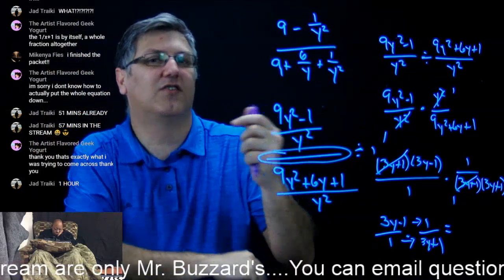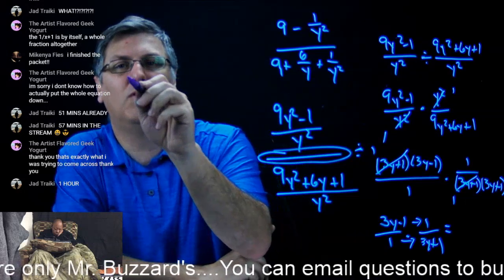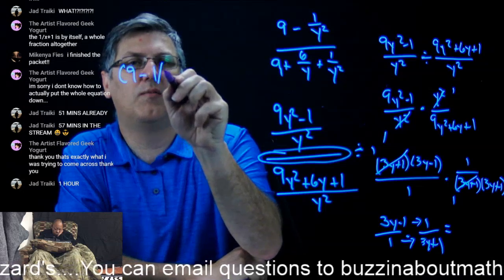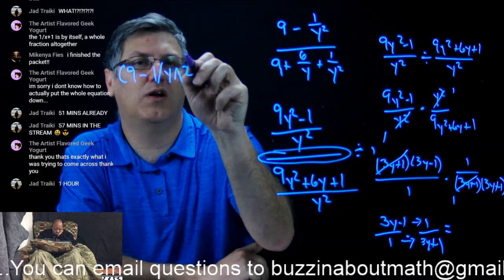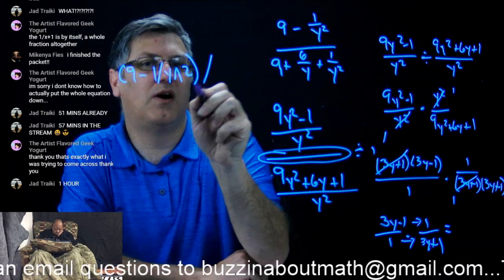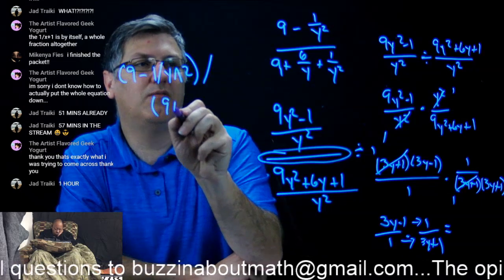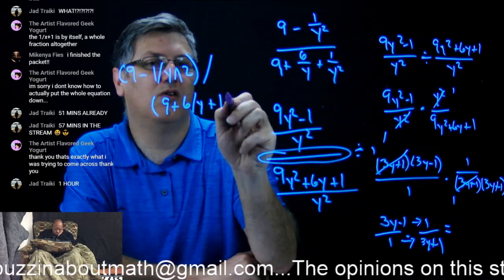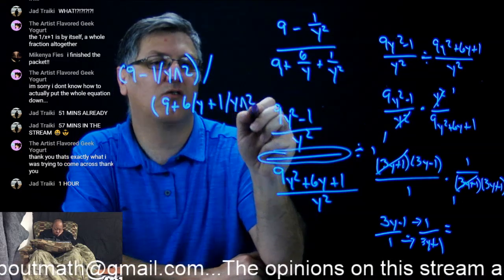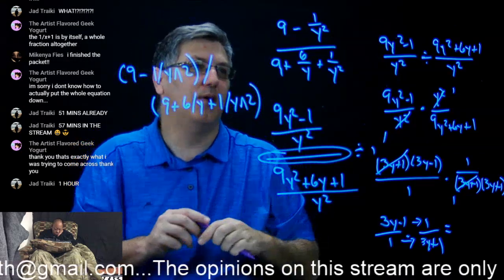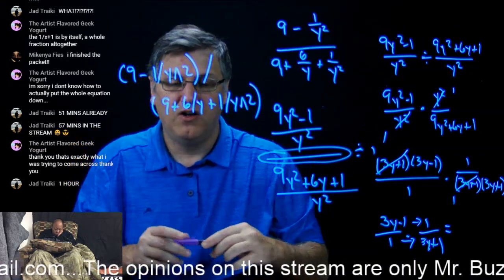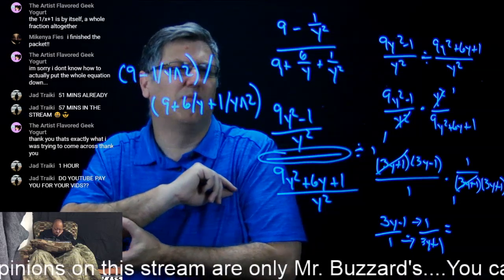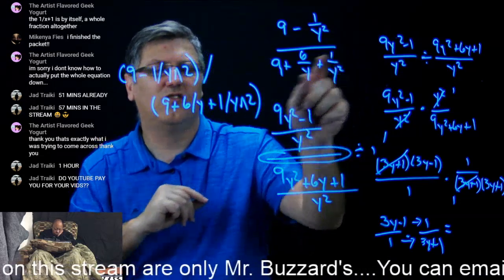This is the syntax you would actually type into a computer: parenthesis 9 minus 1 divided by y caret squared, divided by open parenthesis 9 plus 6 divided by y plus 1 divided by y caret squared. This is how you would actually type it in on a keyboard, or if you had to put it in some sort of program.